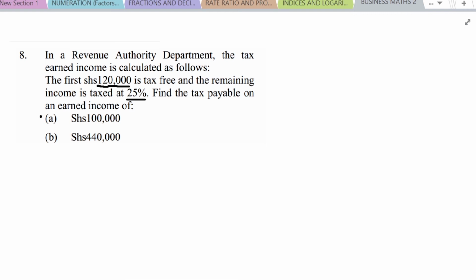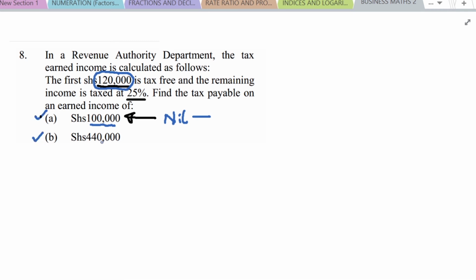So for part A, if I am making 100,000 as my income, 100,000 is less than the 120,000. Remember, 120,000 is the threshold I need to hit before I'm taxed. So since 100,000 is still below the threshold, the tax payable here is nil. In other words, there is no tax payable here for part A.